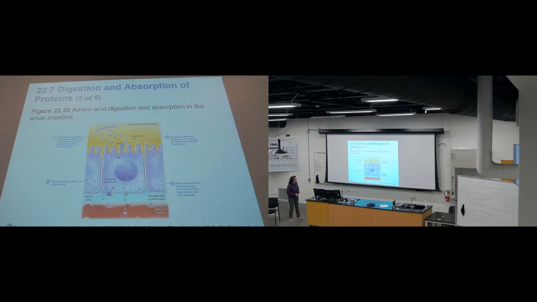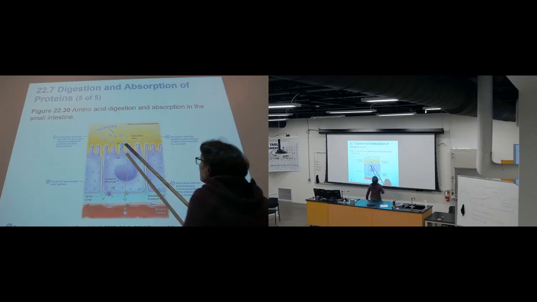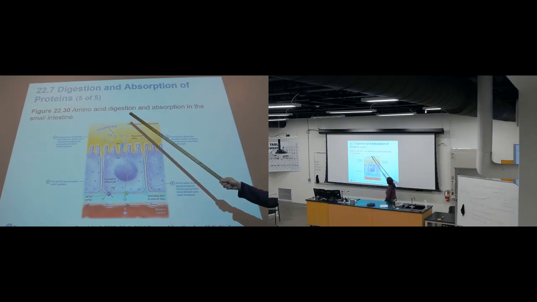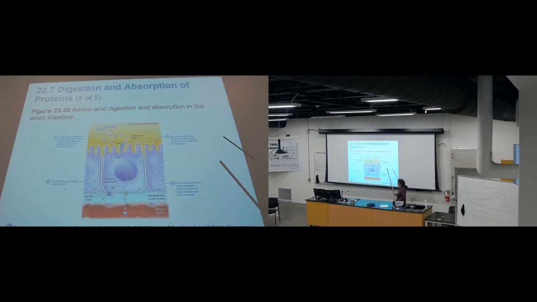Now for amino acids, you have a long polymer of amino acids. So this is a polypeptide. This polypeptide is going to be broken down into these oligopeptides. And then this process starts by the action of pepsin in the stomach.